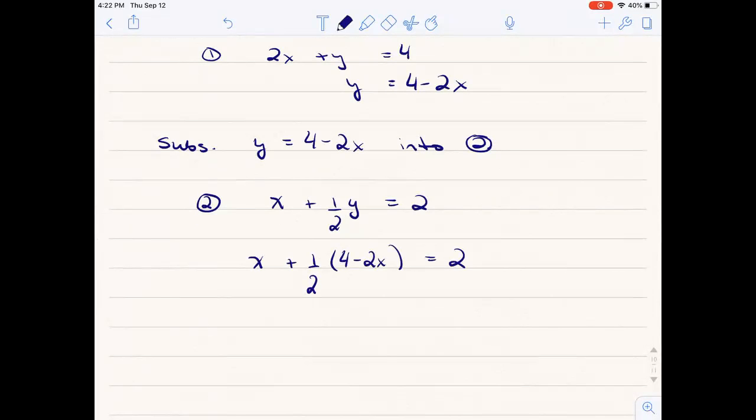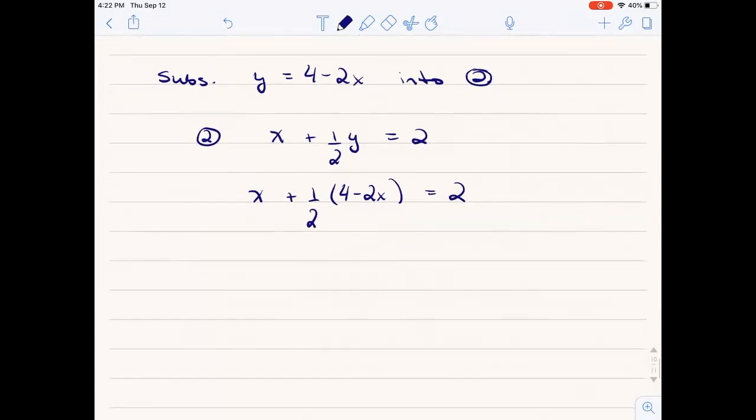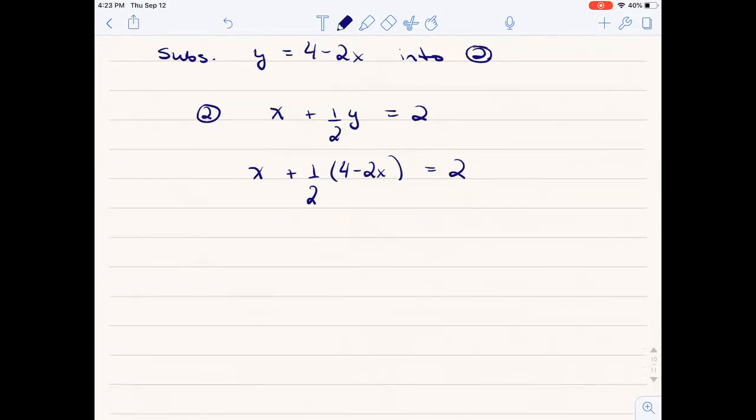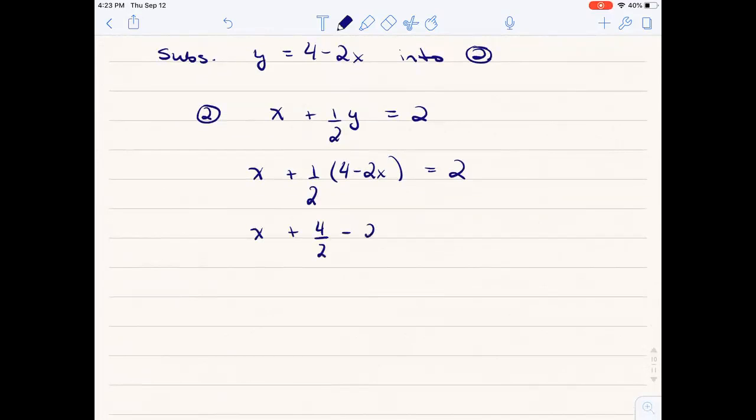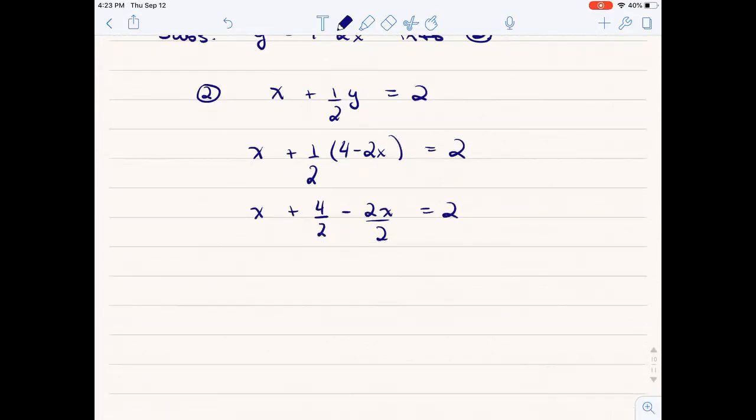Now I'm going to expand this, bringing the 1/2 inside. I get x plus 4 over 2 minus 2x over 2 equals 2, so x plus 2 minus x is 2.